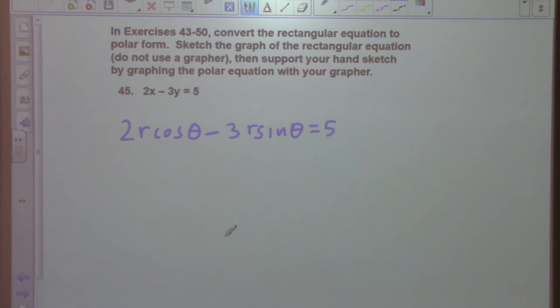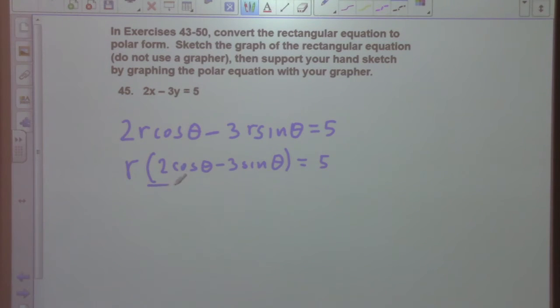What would you do here? Is there a common factor? Yeah, so r is your common factor. So what you have is r times 2 cosine theta minus 3 sine theta equals 5.